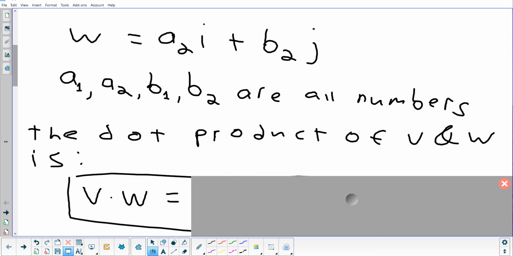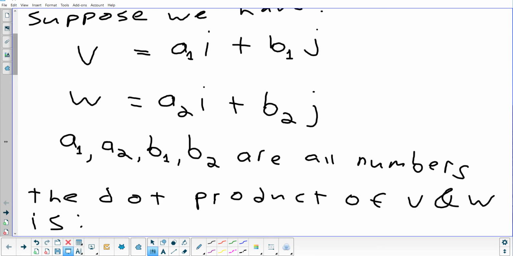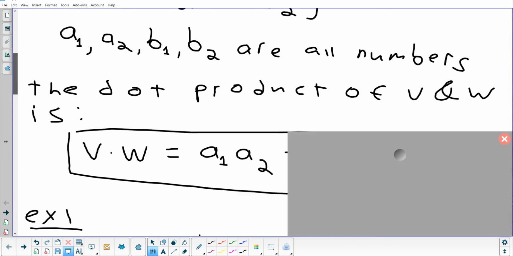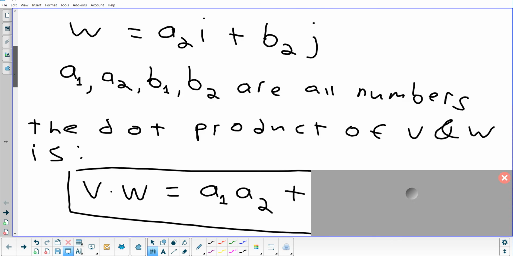So to find the dot product, the first thing you have to do is take the horizontal components and multiply them together. So A1 is a horizontal, A2 is a horizontal. We're going to multiply those together. Then, we're going to add one more calculation.